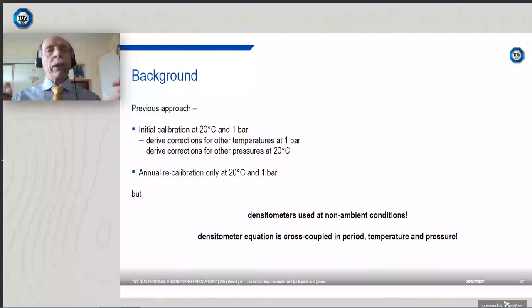But very frequently when these were being recalibrated, they were only recalibrated at 20 Celsius and 1 bar. But of course, these devices are used at non-ambient conditions, and the working equation that is used for them is cross-coupled in the output, which is the period, and the influence of the fluid temperature and pressure and ambient temperature on the densitometer.